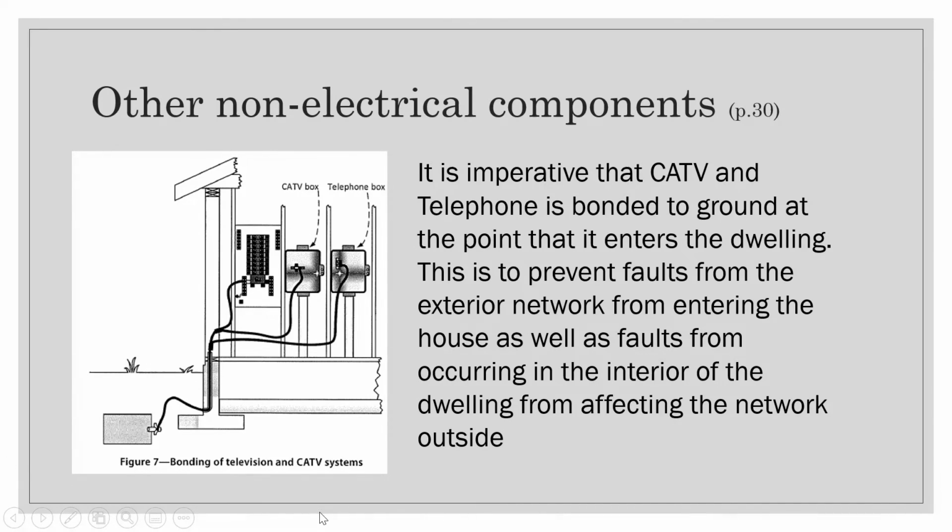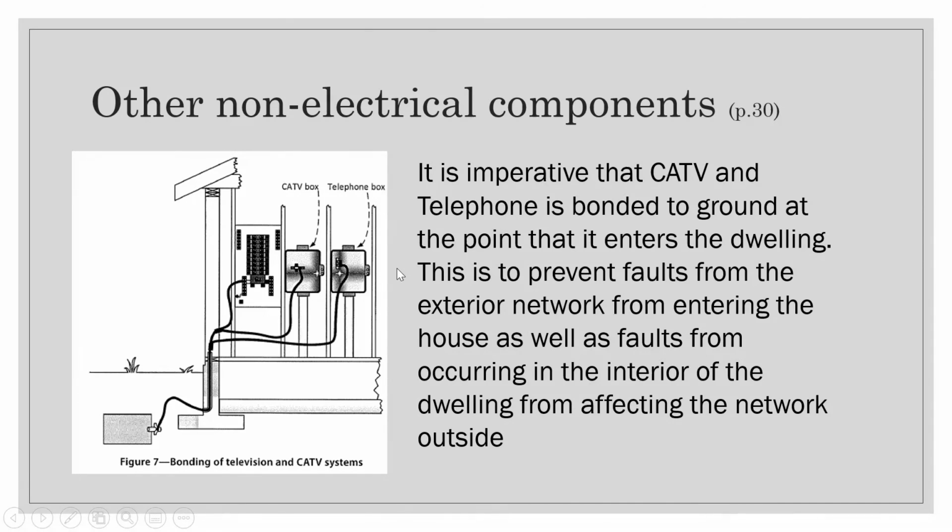You can imagine that if there were any sort of fault within the system exterior to the house, you don't want that fault entering in through these conductors and then back into your house. One fault could wipe out everyone's cable TV or telephone.